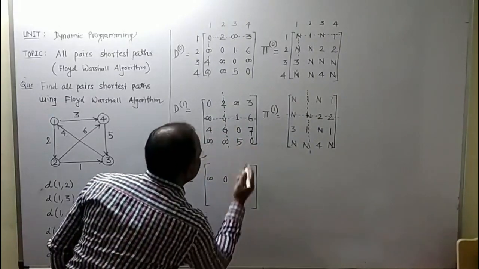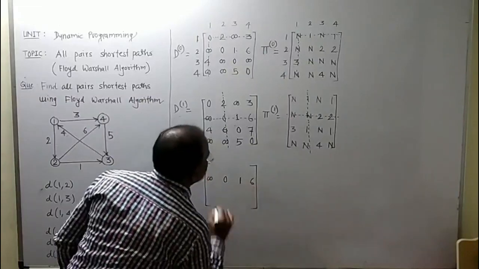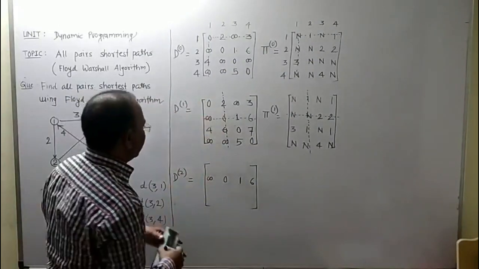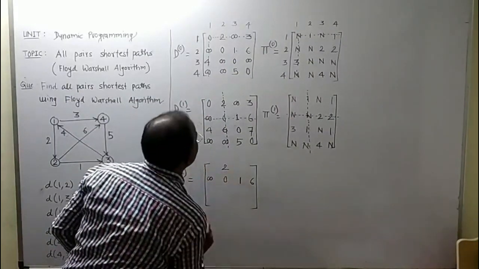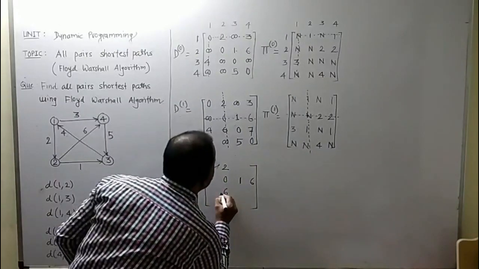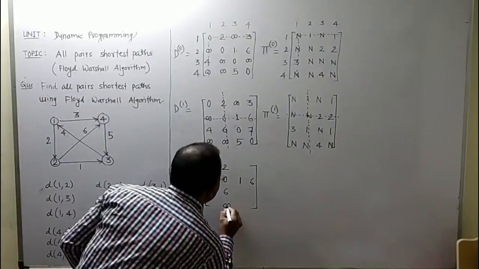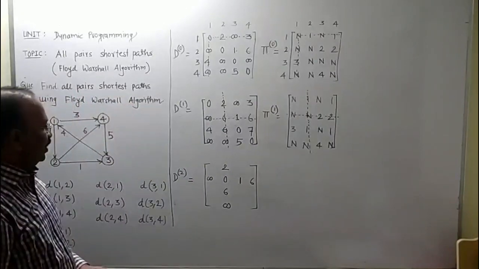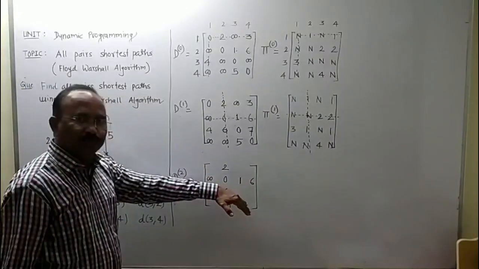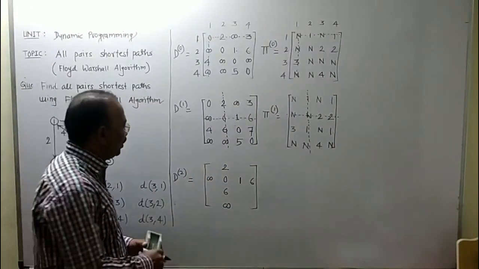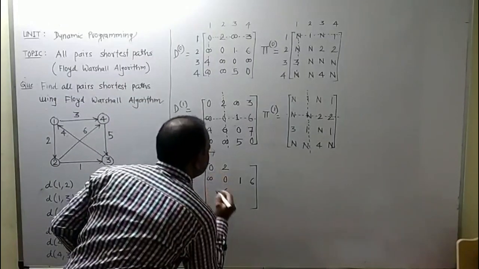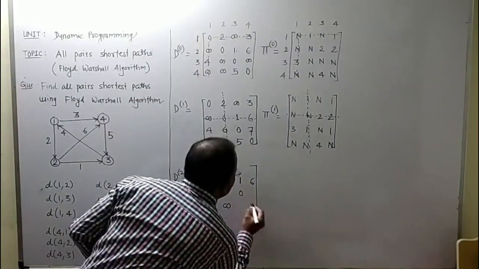I am writing second row 1, 6. Then write second column 2, 0, 6 and infinity. Now write down the diagonal as it is, because there will not be change in diagonal elements. 0, then 0, then 0.